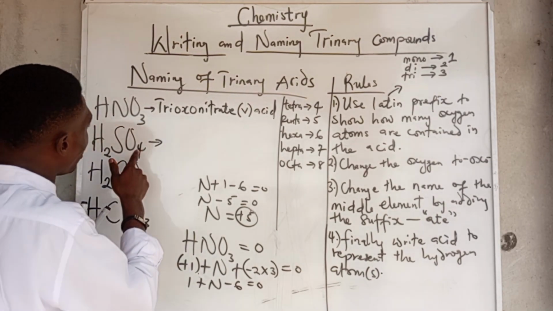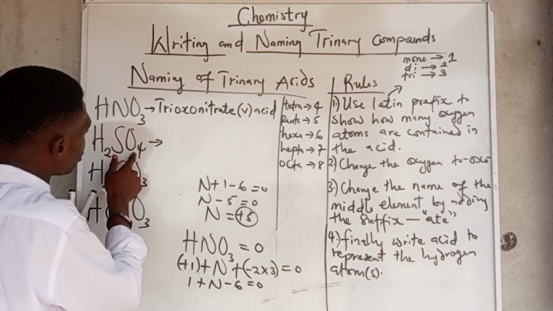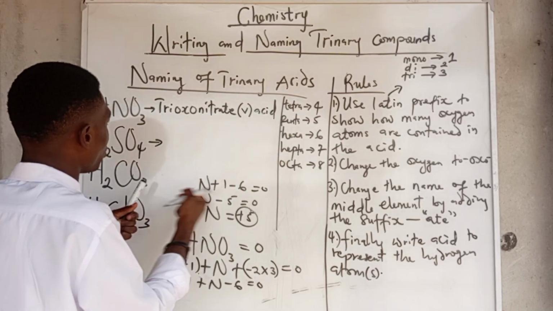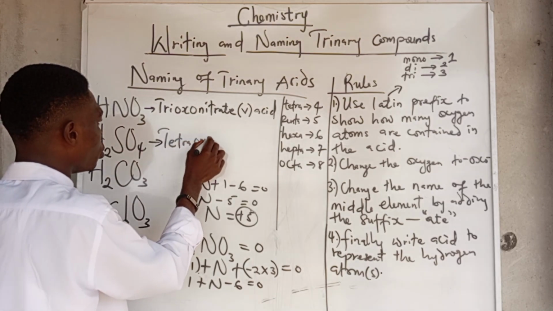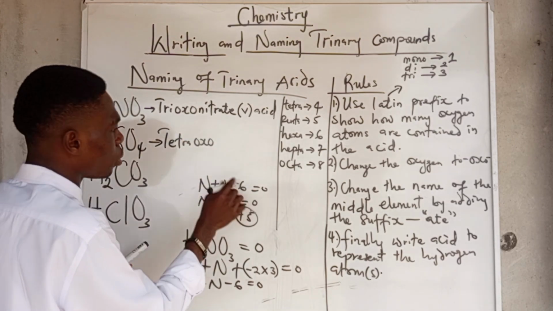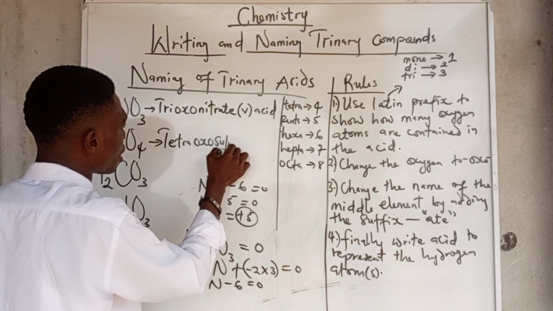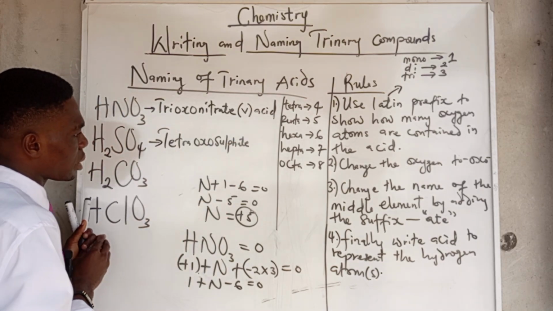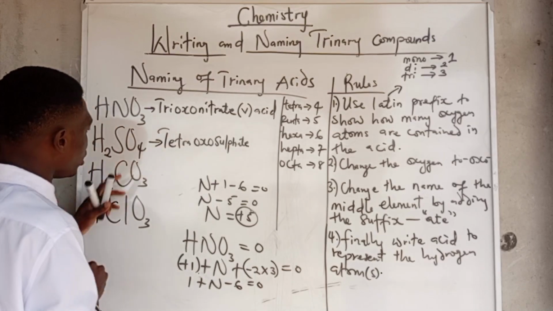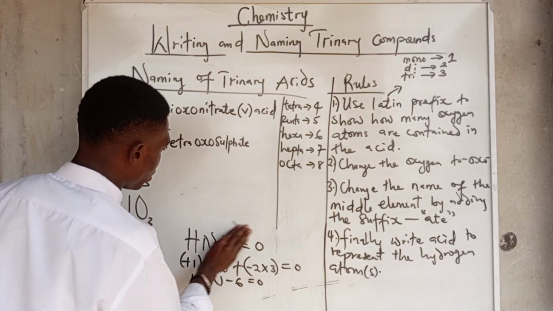Now let's look at this one. We have oxygen as 4, and 4 means tetra, so we start with tetra. Then instead of oxygen, write oxo also. Sulfur becomes sulfate. Tetraoxosulfate. The next thing to do is to get the oxidation state of sulfur in this compound, so quickly let's do that.